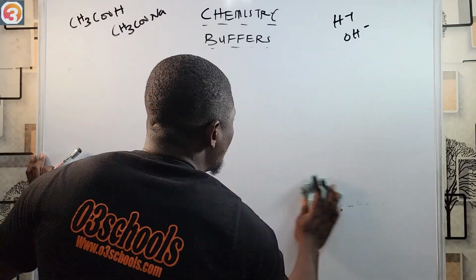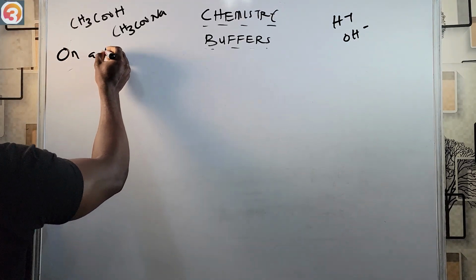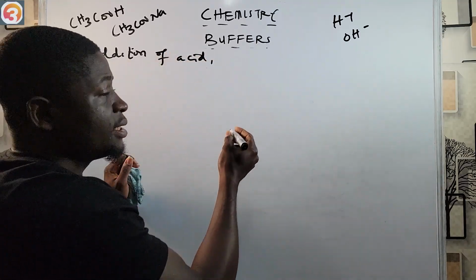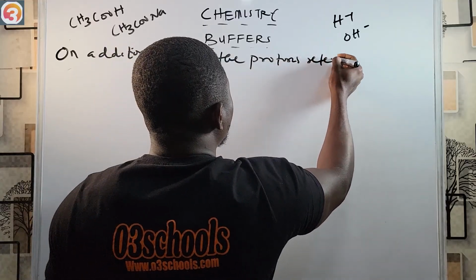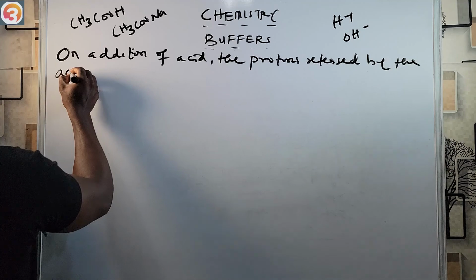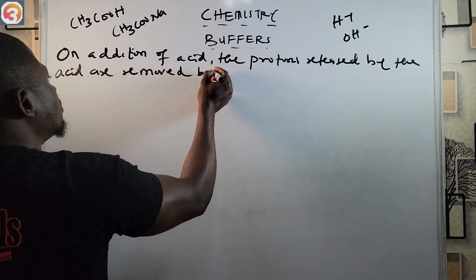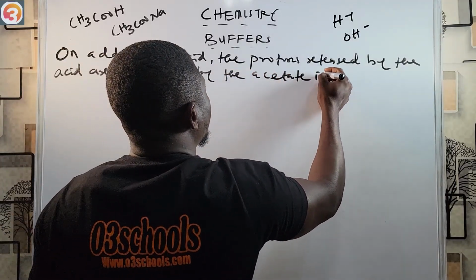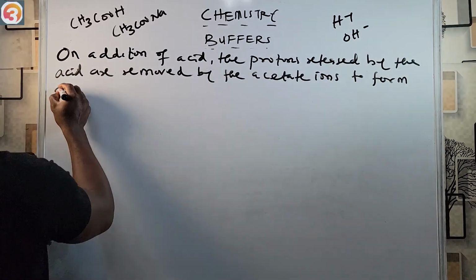So now, on addition of acid, the protons released by the acid are removed by the acetate ions to form acetic acid.